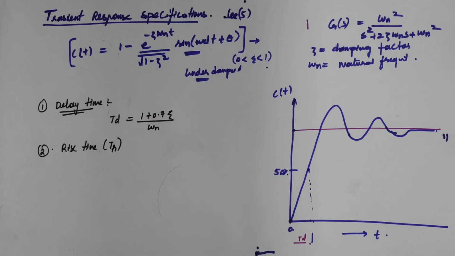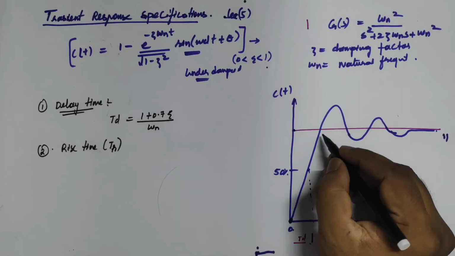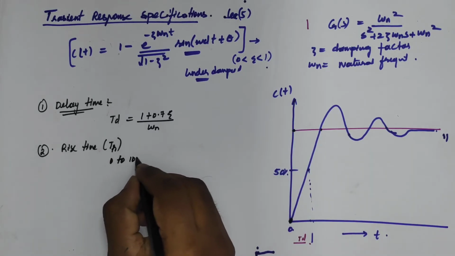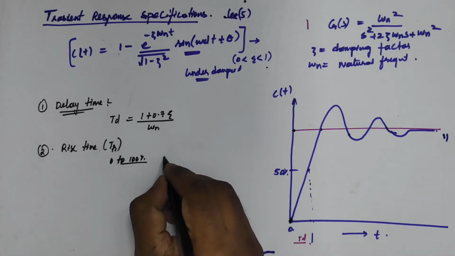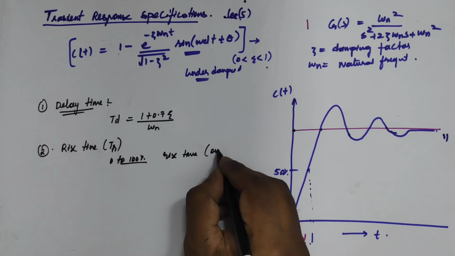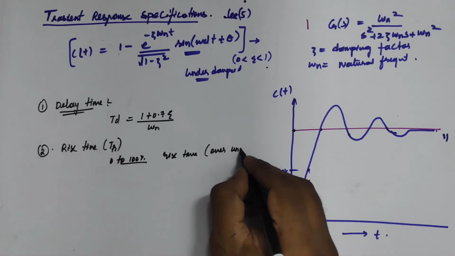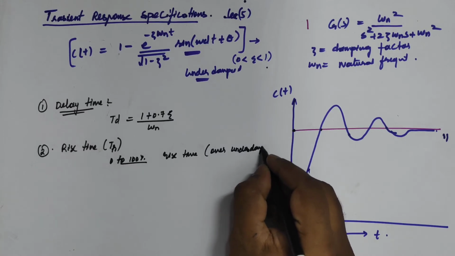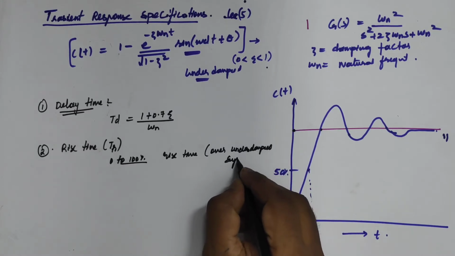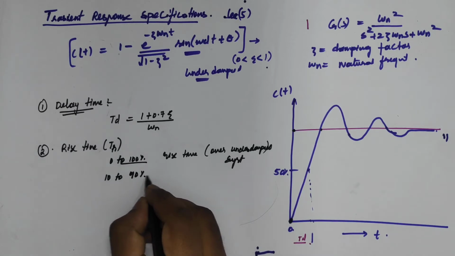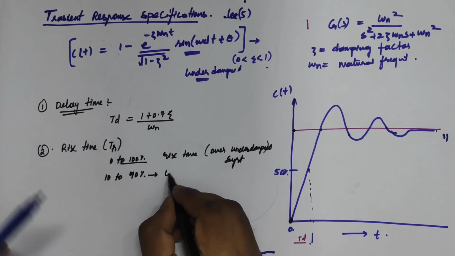It is the time taken by the system to go from 0 to 100% for an underdamped system, and from 10% to 90% for an overdamped system.